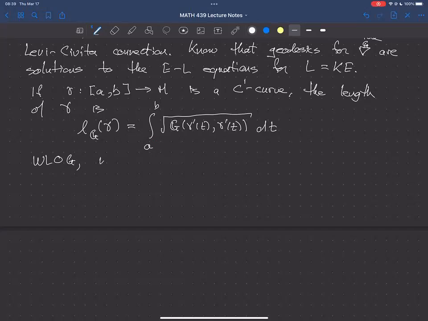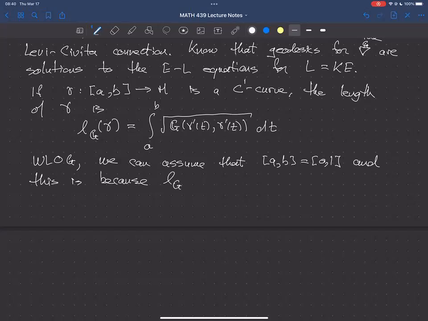So without loss of generality, we can assume that [a, b] is equal to [0, 1]. And this is because the length of gamma is independent of parameterization.